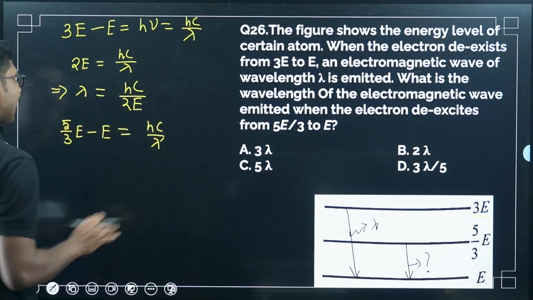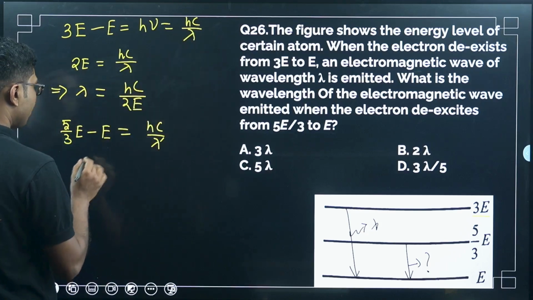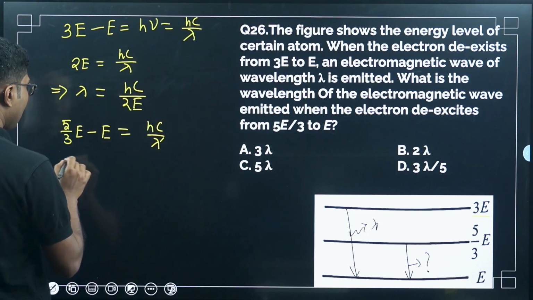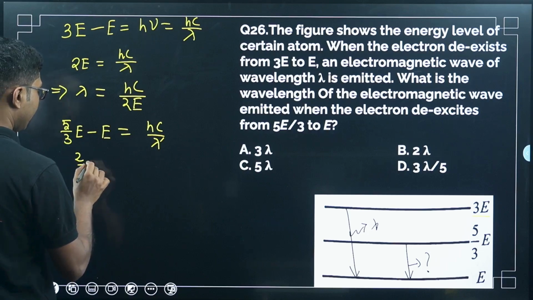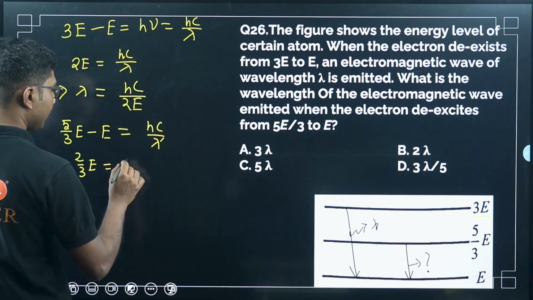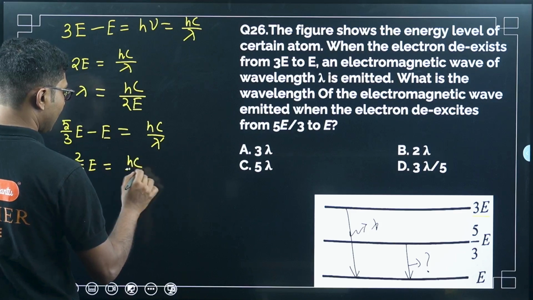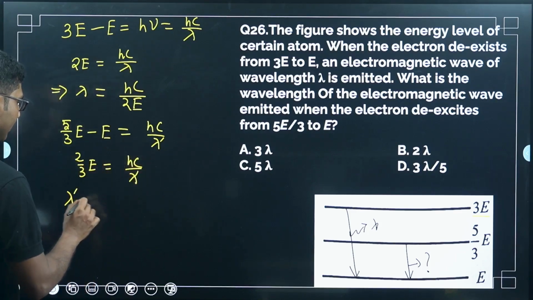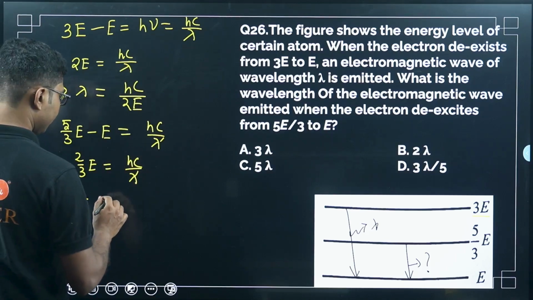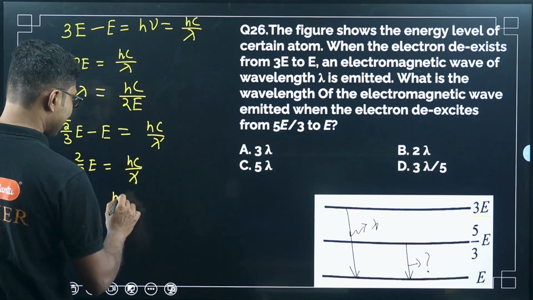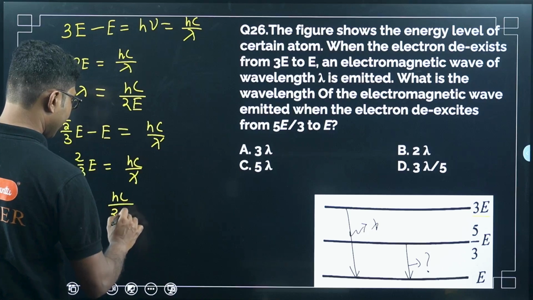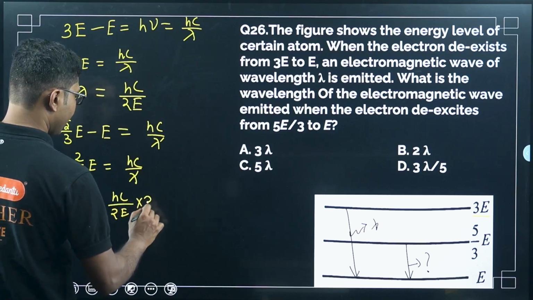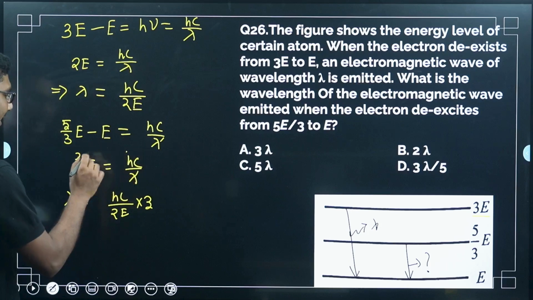I am directly writing hc by lambda dash, not using h nu anymore. So from here it will be 2/3 of E equals hc by lambda dash, right? Now cross multiply, you will get lambda dash equals hc by 2E times 3. This 3 will go up, 2E will come down.